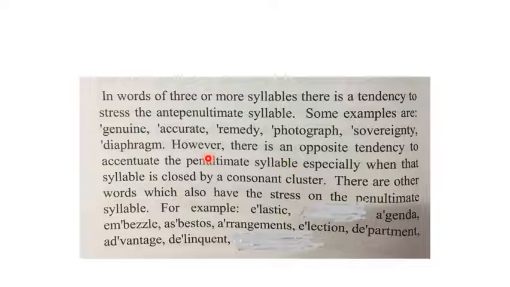Now let's have a look at this note. In words of 3 or more syllables, there is a tendency to stress the antepenultimate syllable. Let's first explain what an antepenultimate syllable is. The word penultimate in English means the one before the last, and antepenultimate is the one before that, so it is the third syllable from the end of the word.